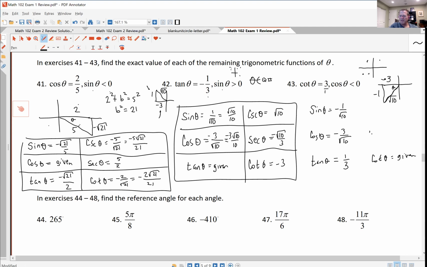The secant of theta is root 10 over 3. Negative, I should rationalize this denominator. And then the cosecant of theta is negative root 10.